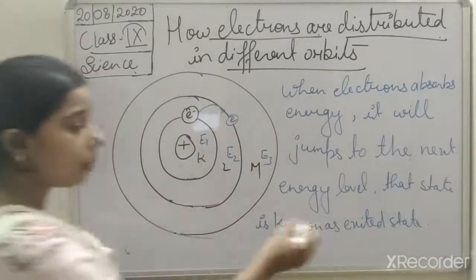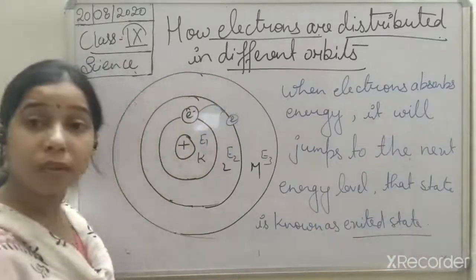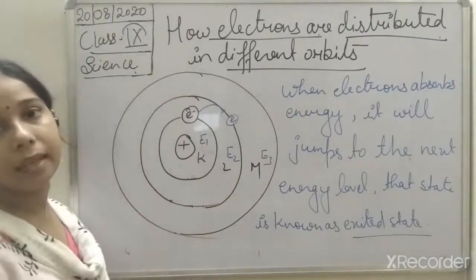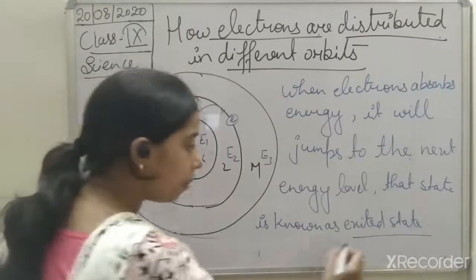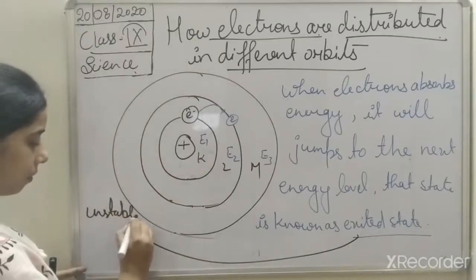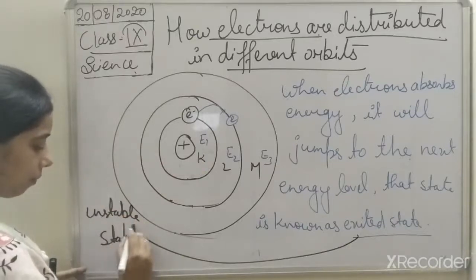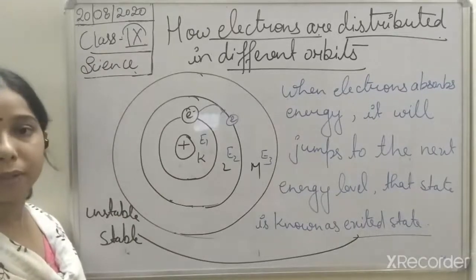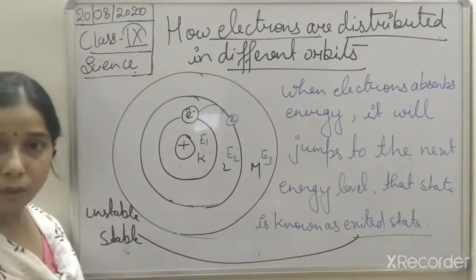Now as it becomes excited, students, remember that if an electron is in the excited state, this state is an unstable state. So all the atoms want to be stable, all the electrons want to be stable.